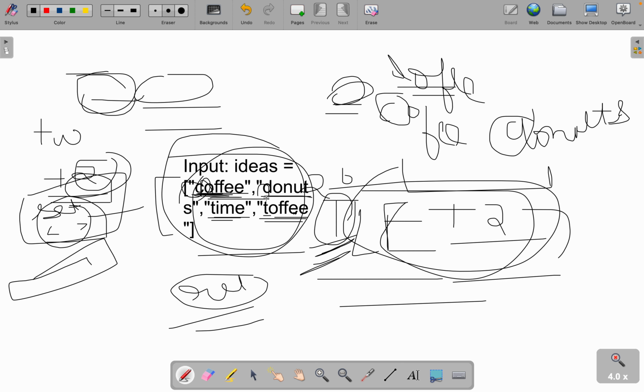We have donuts, we have conuts, we have monuts, something like that. At most 26 choices. Similar for coffee, we have at most 26 choices. So we can understand that we can reduce its time complexity to something in the form of 26 into 26 into n.